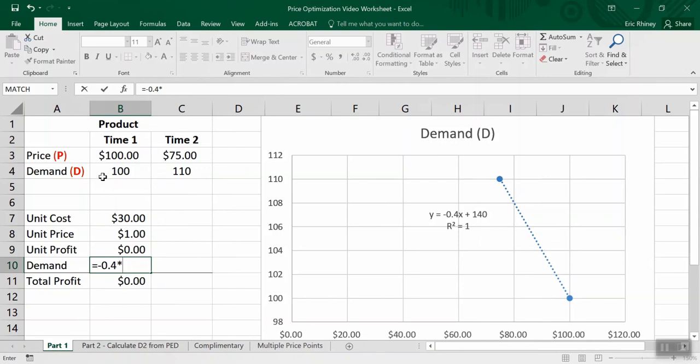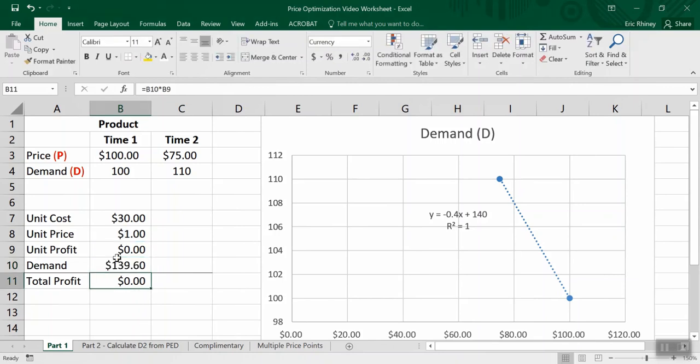These prices were just arbitrary prices that we were selling at some particular time, but we want to be able to anticipate a price. So we're going to use this price down here. And now as I change this price, it will change demand down here. So we have negative 0.4 times our price plus 140 as our intercept.